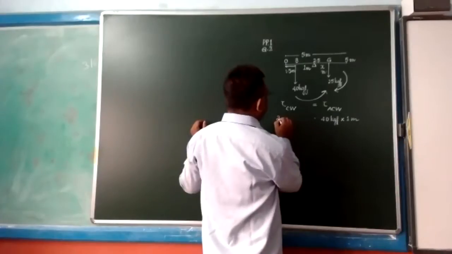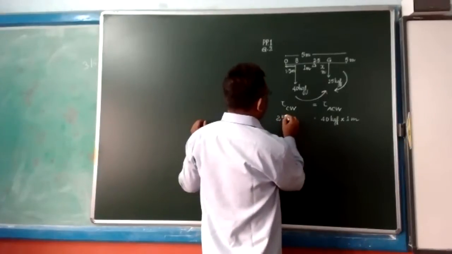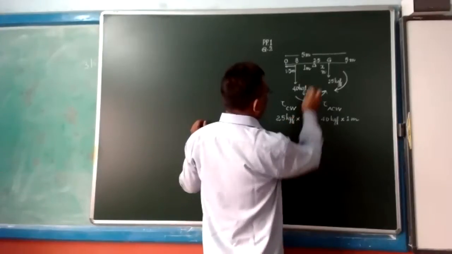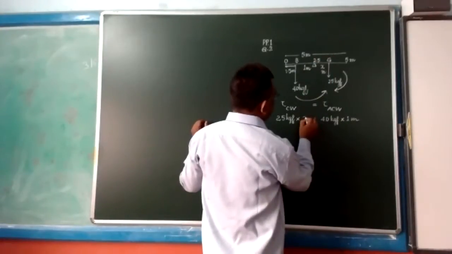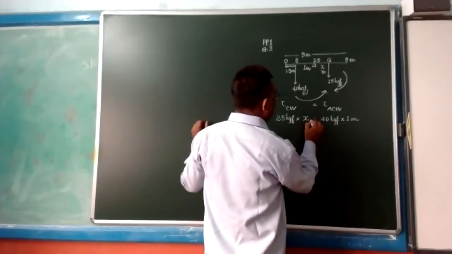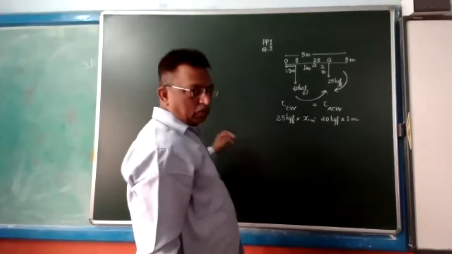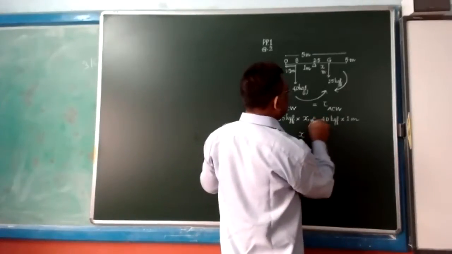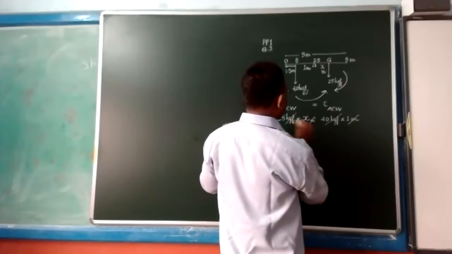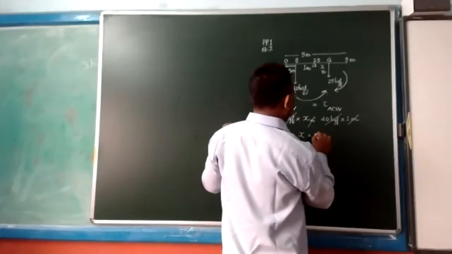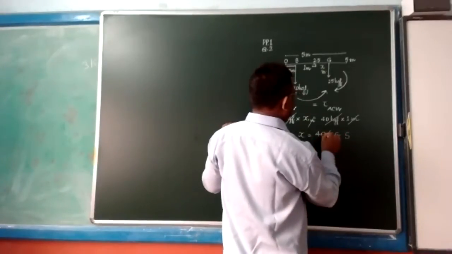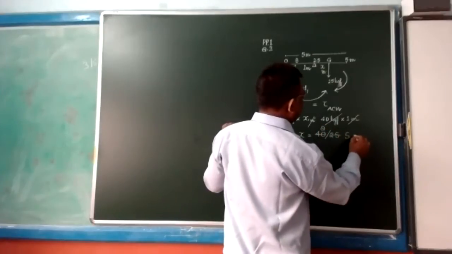So again we find the clockwise moment of force, 25 kg into what is the distance? It is x meter. Now it is simplified. So meter cancels, kg cancels. So x equals 40 divided by 25, that is 8 upon 5.